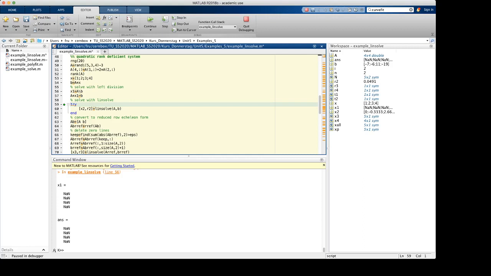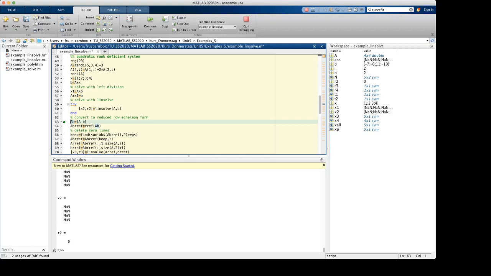Now let's try with linsolve. This again returns a solution which contains only not a number, and R2 is now 0, which means that the system is rank deficient, ill-conditioned.